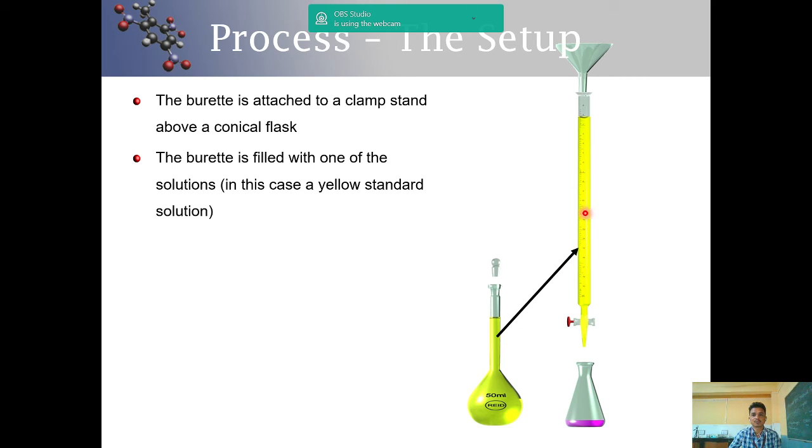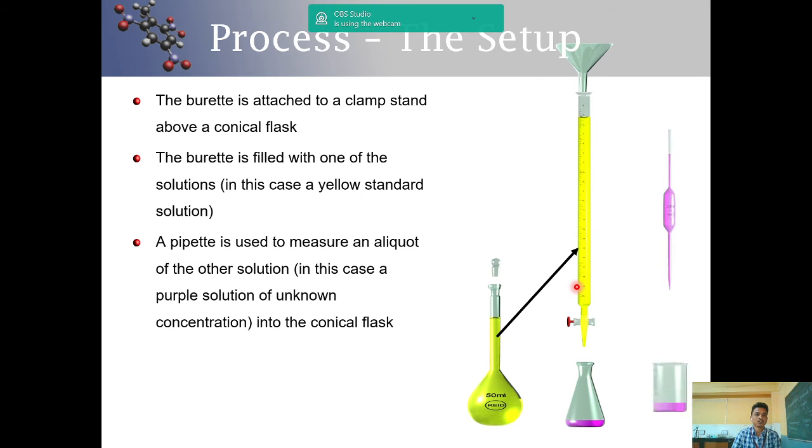After clamping the burette, you add the standard solution into the burette. Now a pipette is used to measure an aliquot of the other solution, the solution of unknown concentration, into the conical flask. This is the known concentration solution, and this is the unknown. That's why I have said that the standard solution you always pour in the burette.